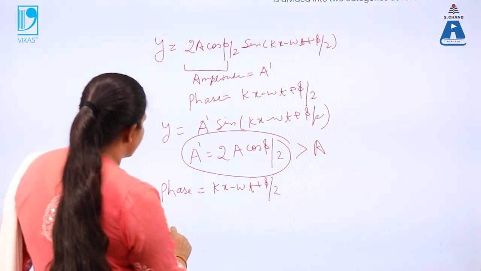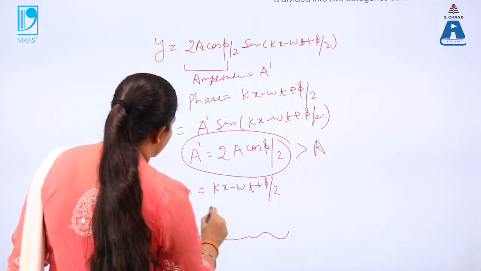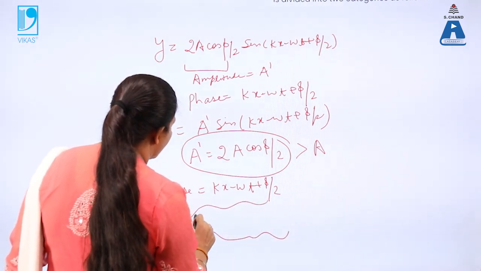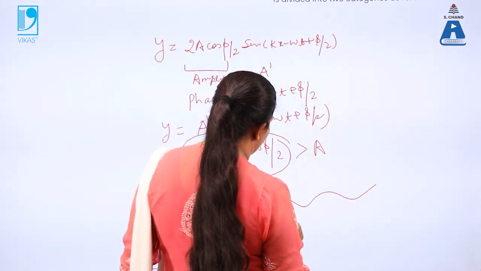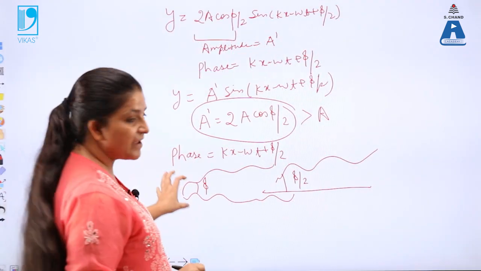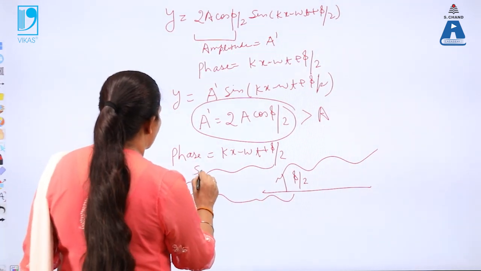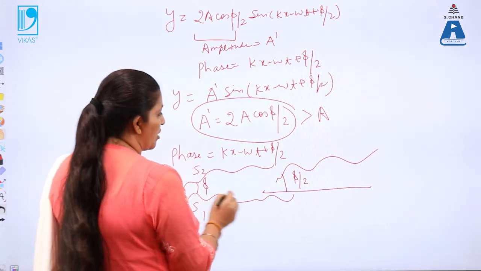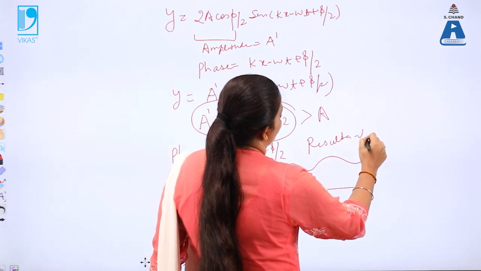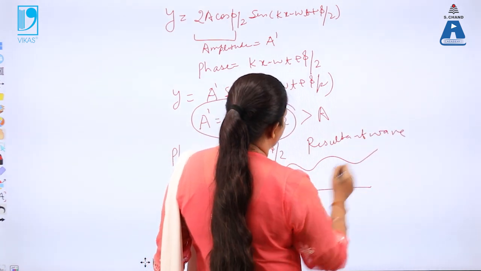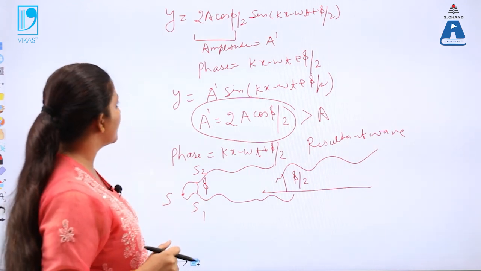If we represent it like this, if this is the initial wave and that is the second wave, here the angle between them is phi, then the resultant wave is also like this with a higher amplitude. Here S1 and S2 are the sources. For the resultant wave, the phase will be phi by 2. So the resultant wave can be calculated over here.